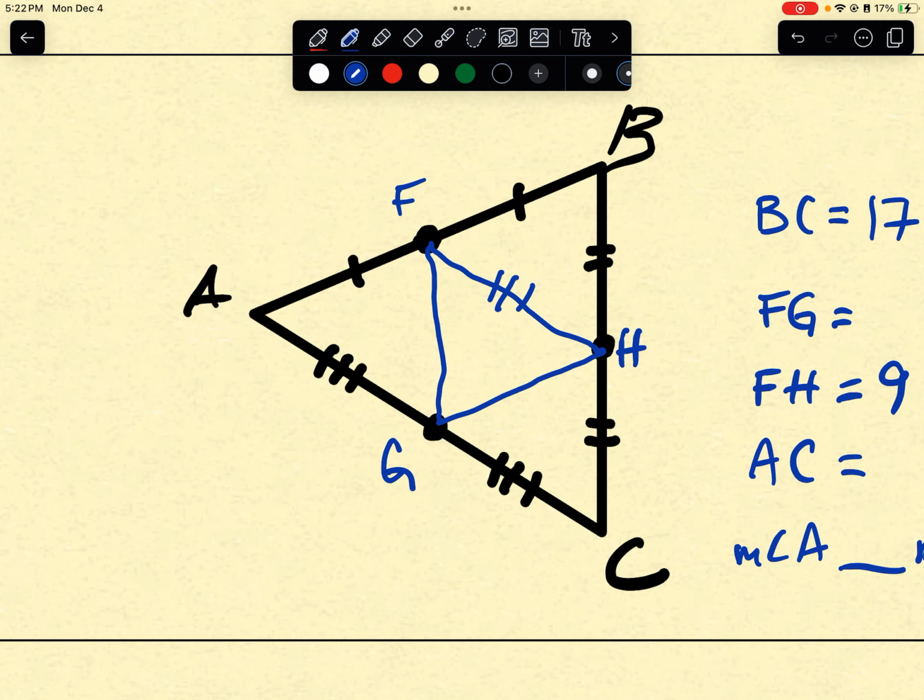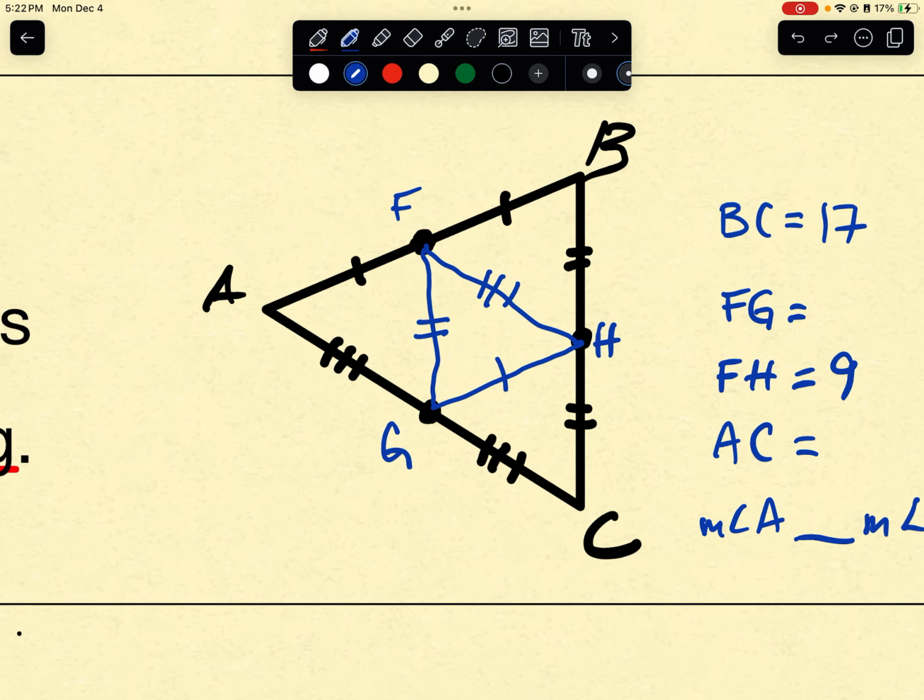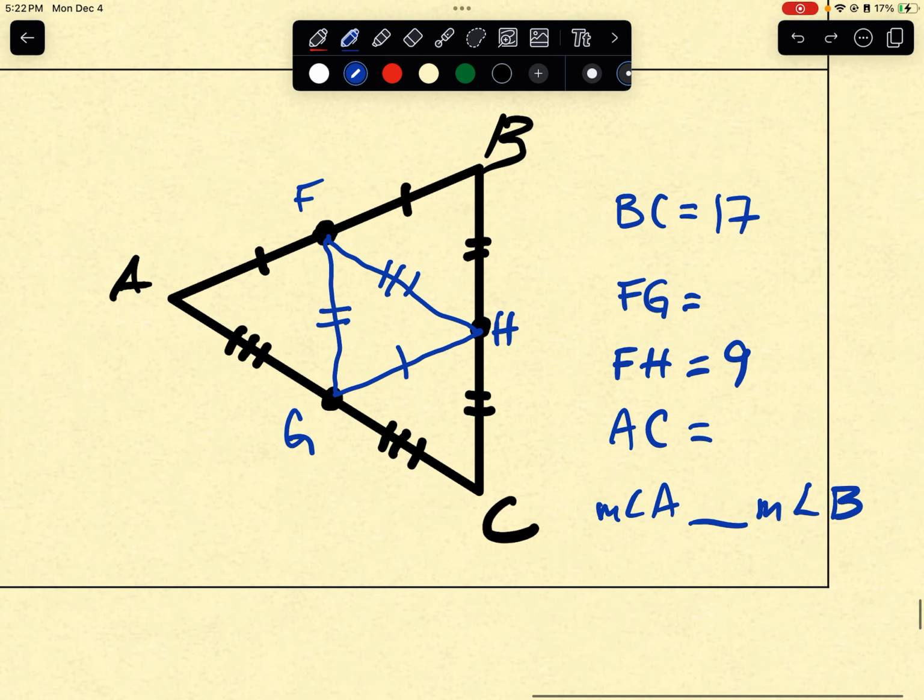Likewise, FG is the same as BH or HC. And finally, GH, whoops, just one, not two, is the same as AF. So, if I tell you BC is 17, then how long is it from F to G?